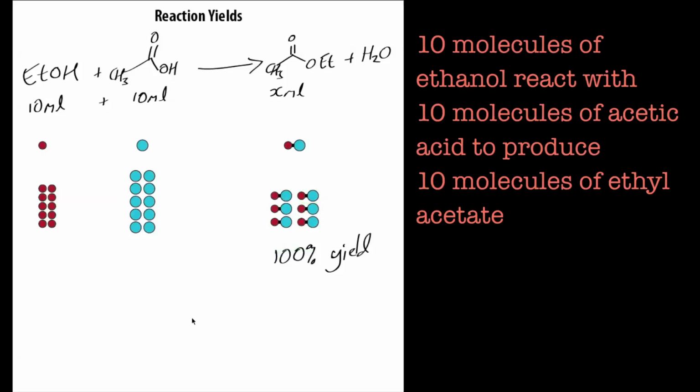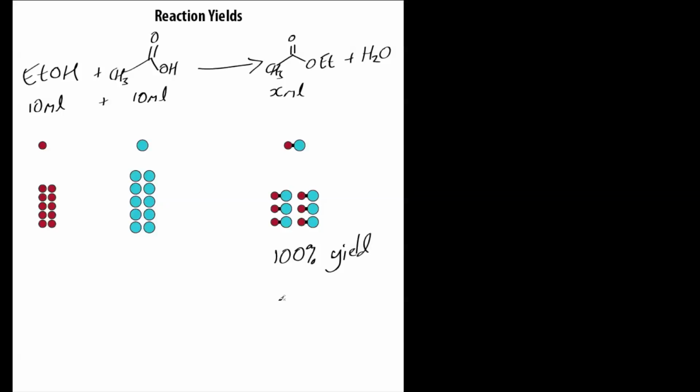In simple mathematical terms, it would be 6 out of the possible 10 times 100 equals 60%. So that would be our yield. We'd have a 60% yield out of the possible 100%.